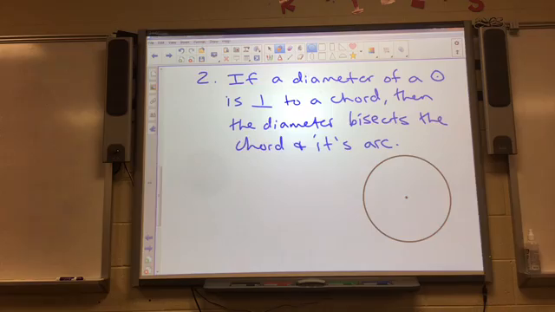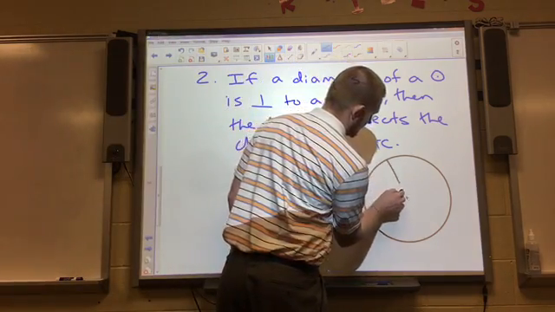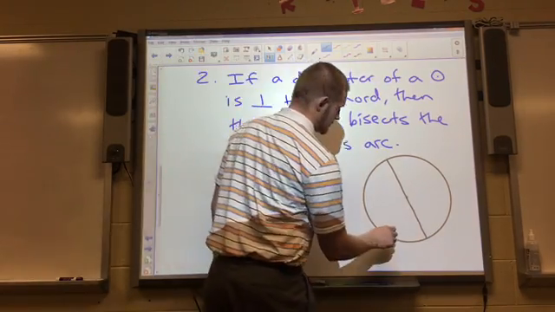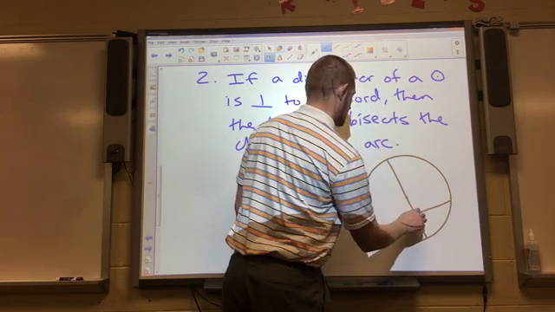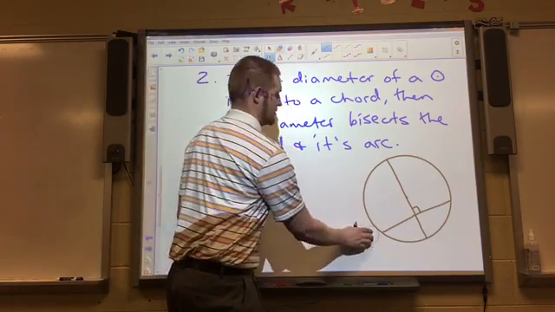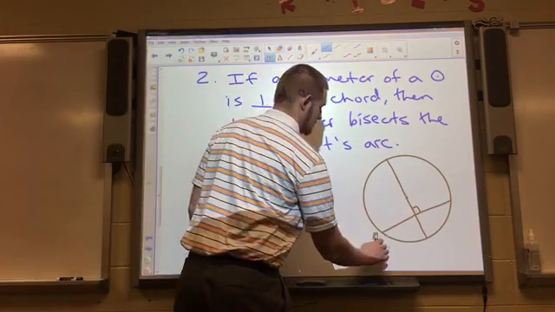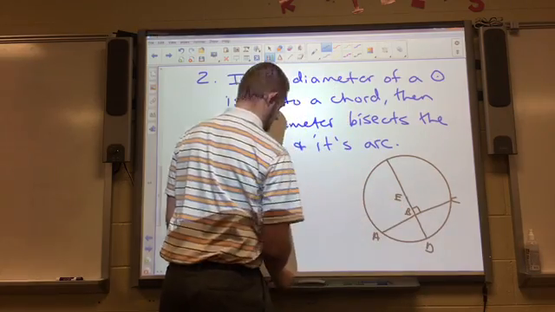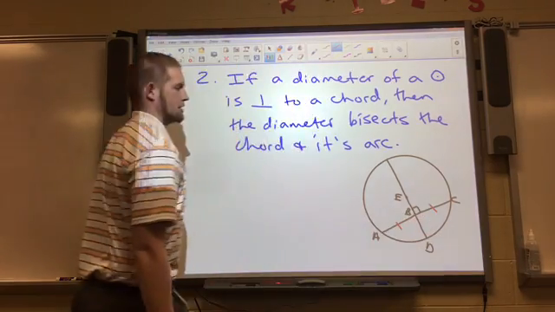Okay. So, if I have a diameter and it's perpendicular to a chord, messed that up a little bit, but that's a lot better than the diagram in last period. Then it bisects there.